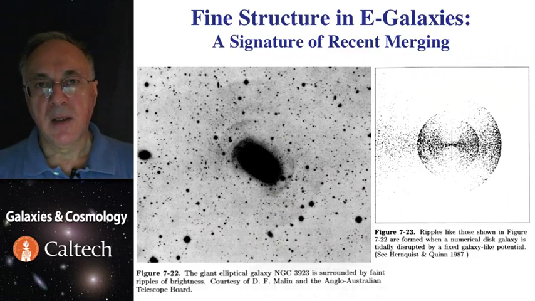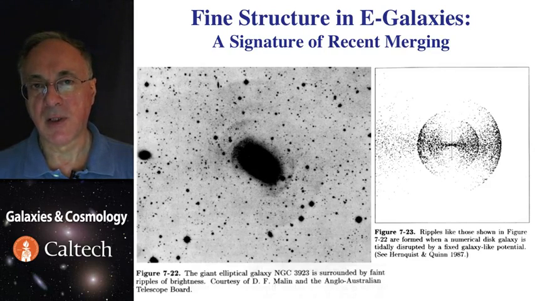We do see signatures of mergers in ellipticals, and a particularly interesting one is so-called shells. If you turn the contrast up in some of the elliptical galaxies, you see these shell-like structures at outer radii. And now we think we know where they come from.